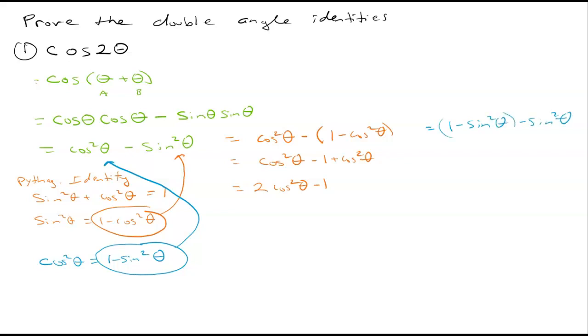And again, I could put parentheses around that, but it's not necessary because there's nothing to distribute. How many sine squareds do we have? I have 2. So 1 minus 2 sine squared of theta. All right, so that's just one way to prove it. Let's prove the other two.